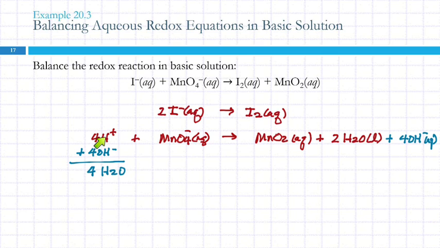However many hydrogen ions you have, that's how many hydroxide ions you're going to have. Everybody follow that okay? So over here, instead of putting 4 hydroxides and 4 hydrogens, I know that that's going to make water.